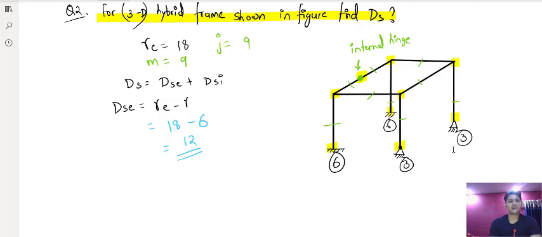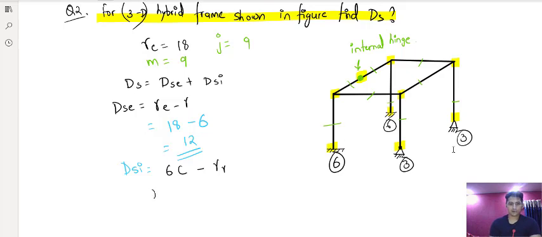Now we need to calculate the value of DSI. You must remember the formula for DSI in case of 3D frames: 6 times C minus RR, where C is the number of closed loops.